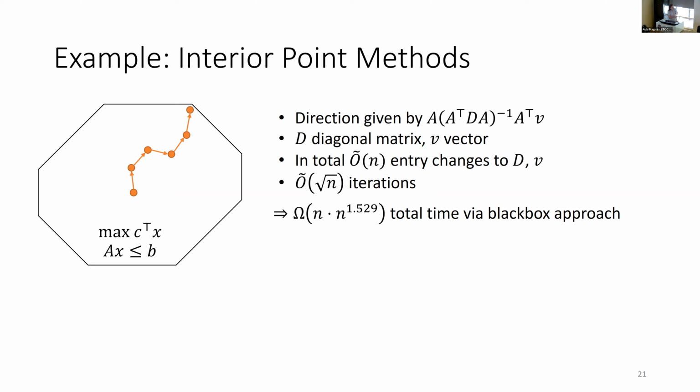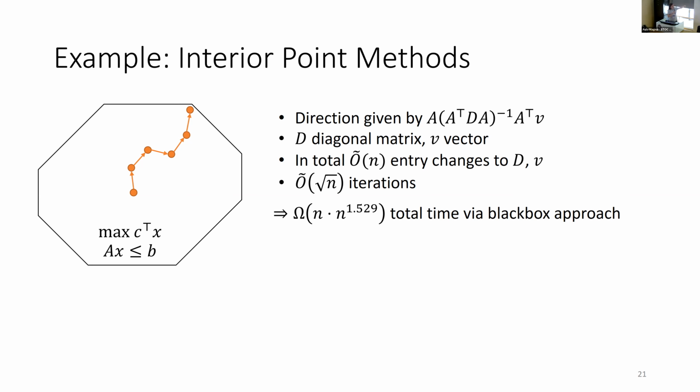So in this case, using these black box data structures is not fast enough. We need to get something faster. We need to optimize it a bit. And the idea here is, wait a moment. We have n changes in total, but only root n iterations. That tells you that many entries are going to change all at once.